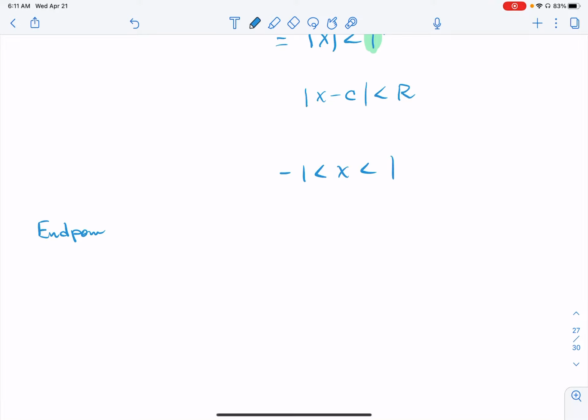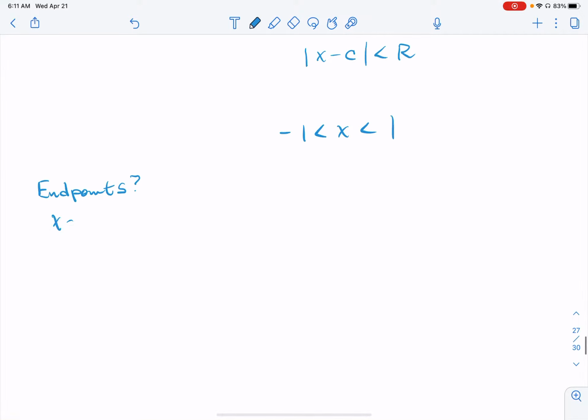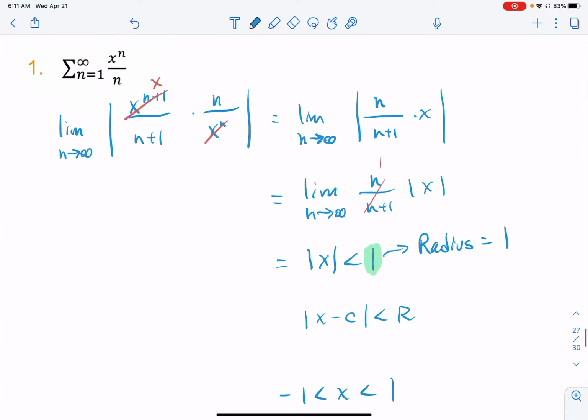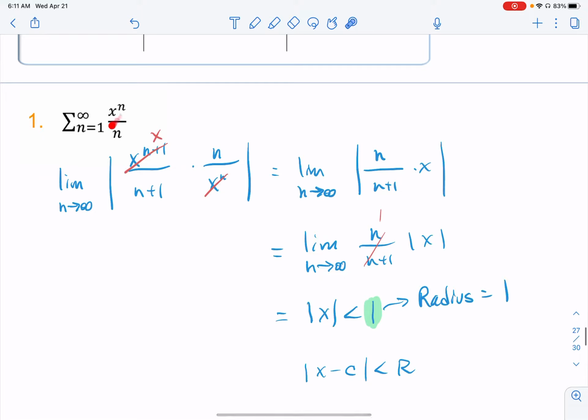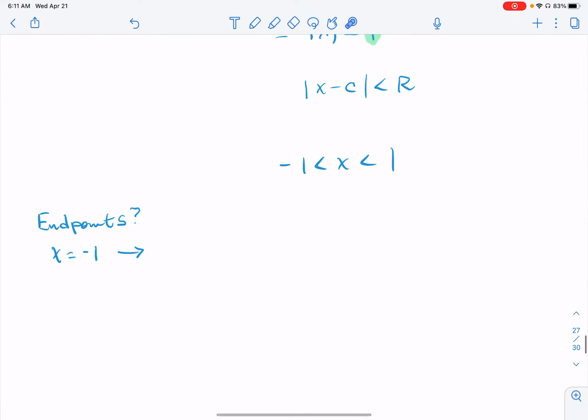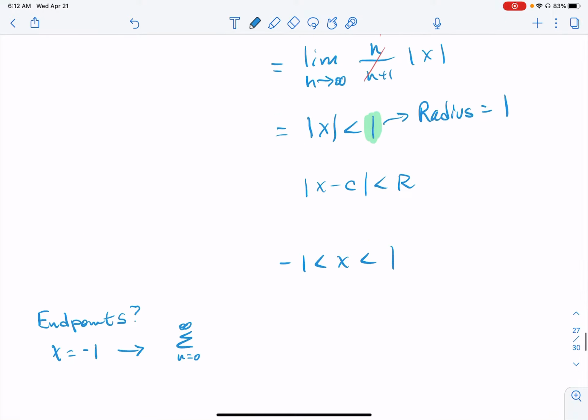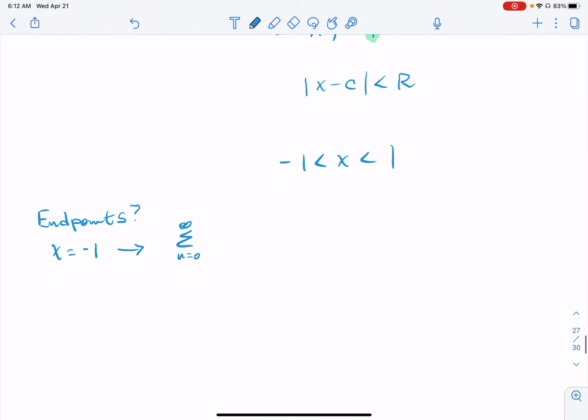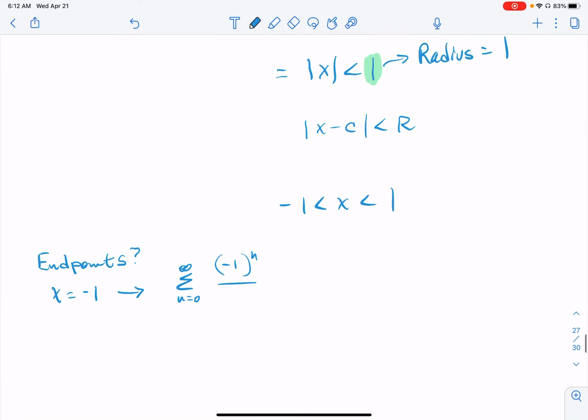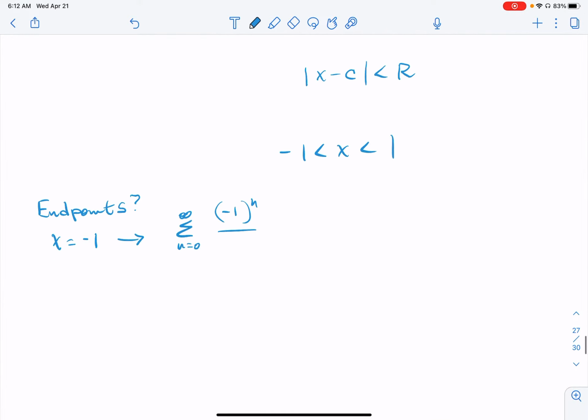Endpoint convergence? Maybe that should be plural. Here, let me make that plural real quick. Starting with x equal to -1. If x is equal to -1, we go back to our original power series and just stick -1 in here. So we have the sum from n equals 0 to infinity, and I just have x to the nth, so our x is -1 to the nth power over just n.